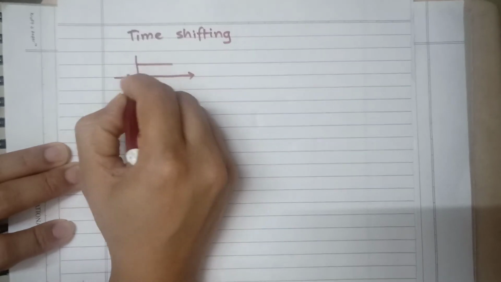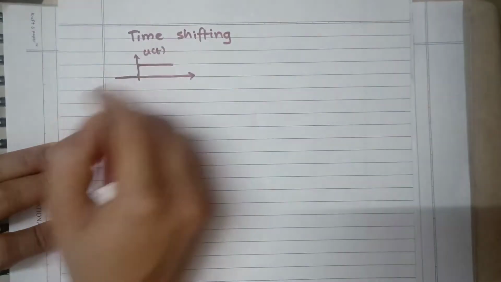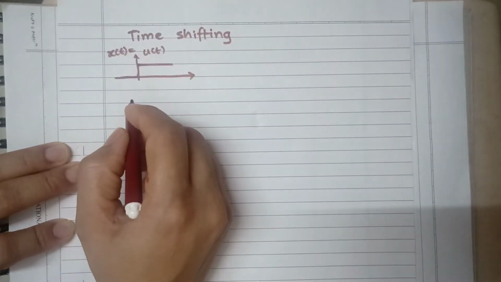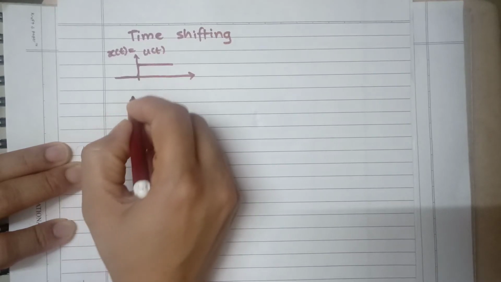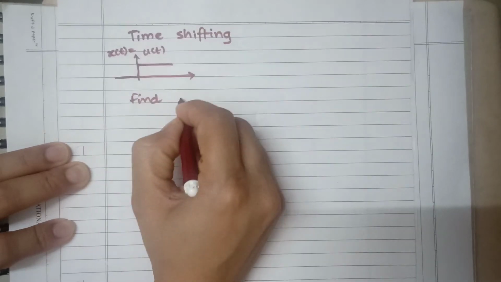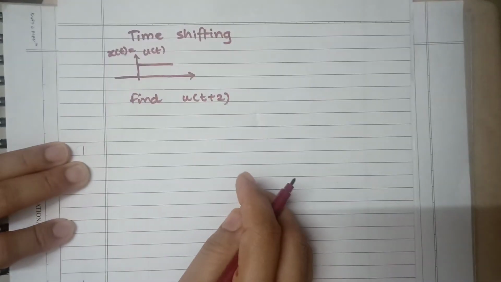You know u of t is a step signal. We'll name x of t equal to u of t, and we want to find the shifted signal u of t plus 2.